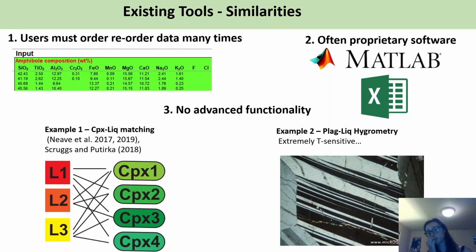Another thing you might want to consider is, say we consider plagioclase liquid equilibrium. We know that plagioclase liquid thermometers are very, very sensitive to water content, and plagioclase liquid hygrometers are very, very sensitive to temperature. So for example, if you're using the Waters and Lange hygrometer, either their Excel spreadsheet or MATLAB, you have to know your temperature really well.